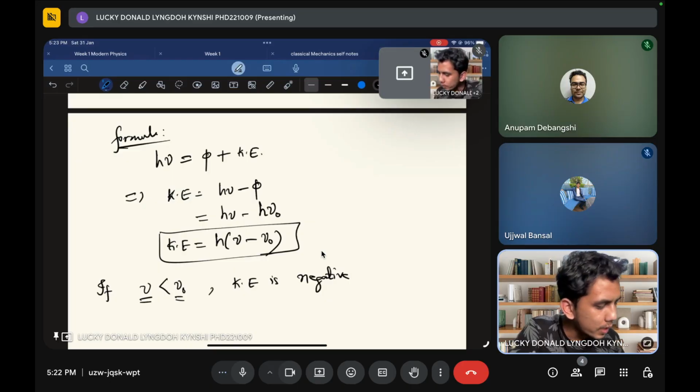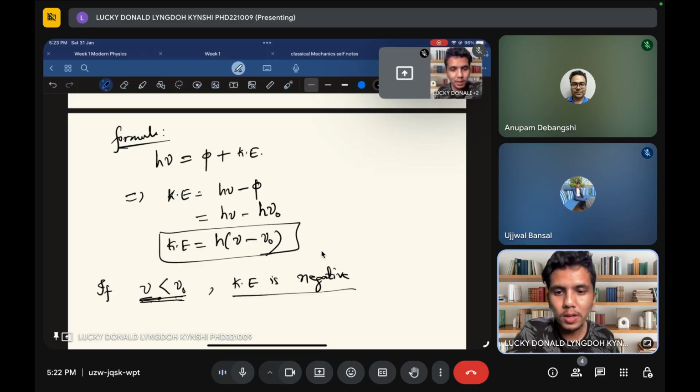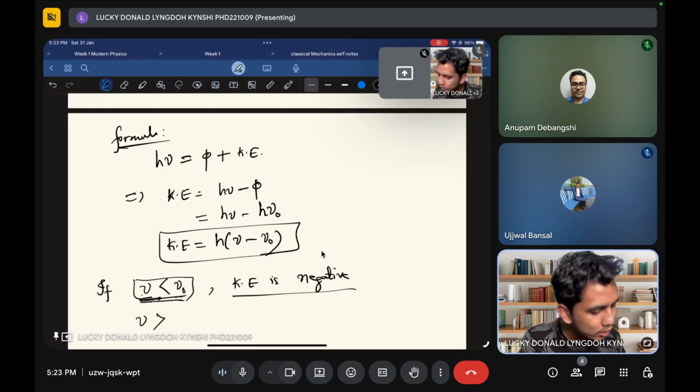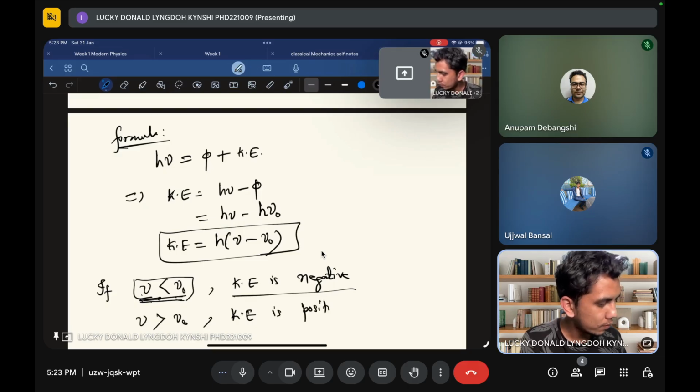So that means if mu is less than mu naught, then no electrons will be ejected. But classical physics says that if you shine the light for a long time, then electrons will be ejected. No, quantum physics says that is not possible. No matter how long you shine, if mu is less than mu naught, no electrons will be ejected. But if mu is greater than mu naught, then your kinetic energy is positive.